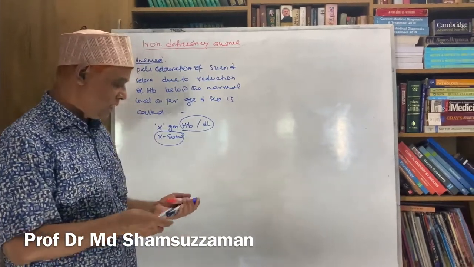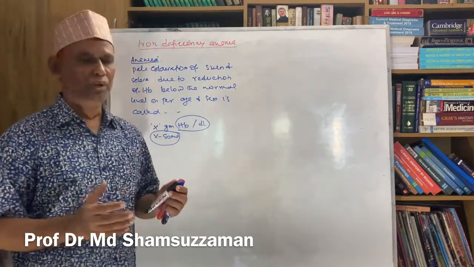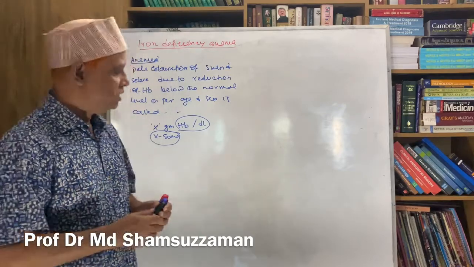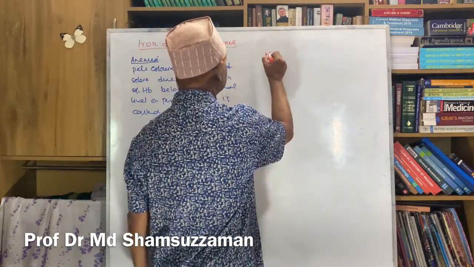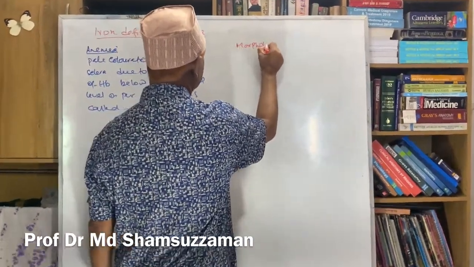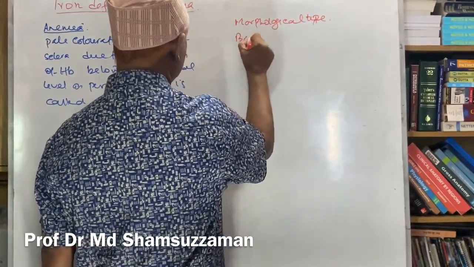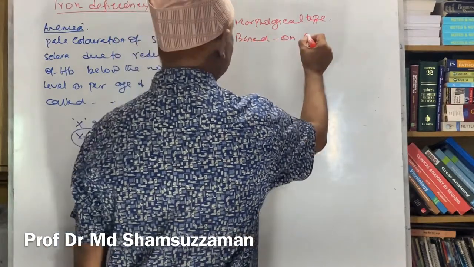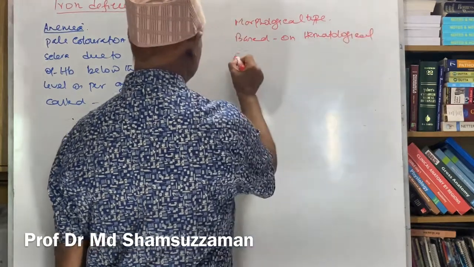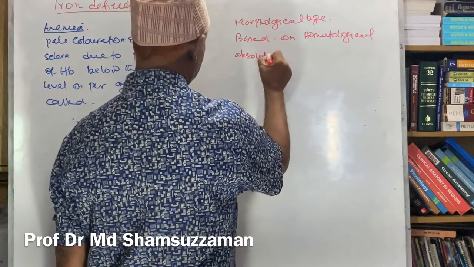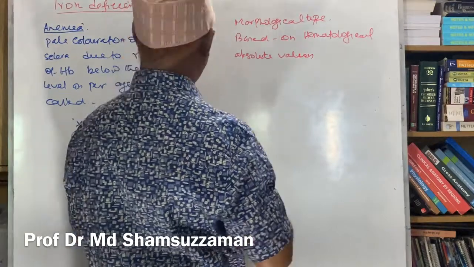Morphologically, based on hematological absolute values, that is, based on red cell indices, anemia has three types.